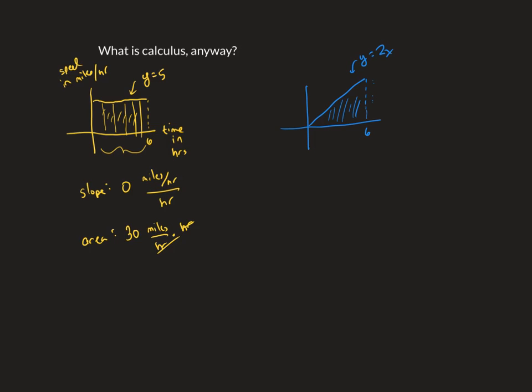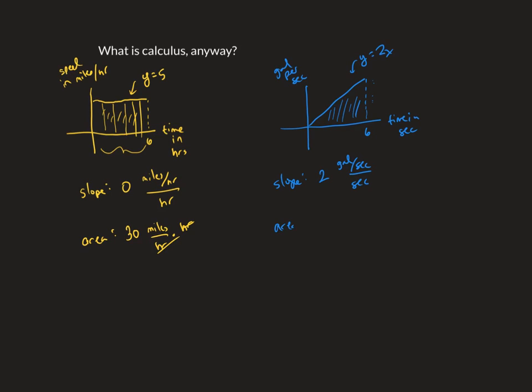Same thing over here. If I came over to the blue graph and said, hey, let's make this x-axis time in seconds, and let's make this y-axis gallons per second. So this is sort of like a tank draining. Here, the slope would still be 2, but now it has units and meaning, and that would be gallons per second, which is gallons per second squared.